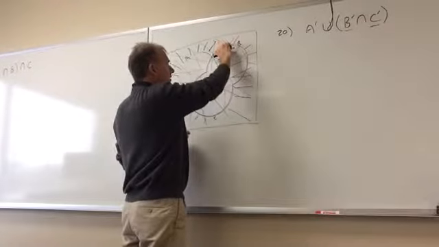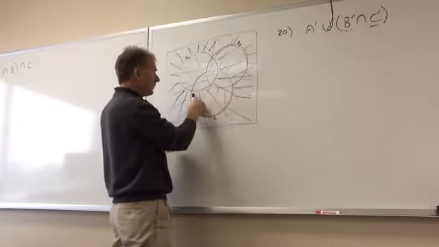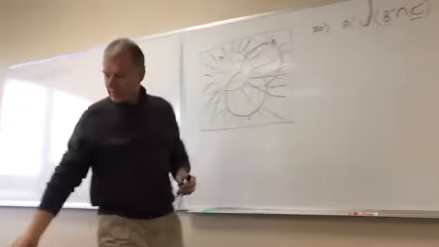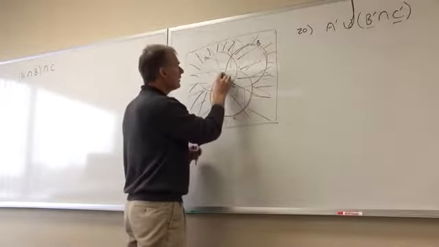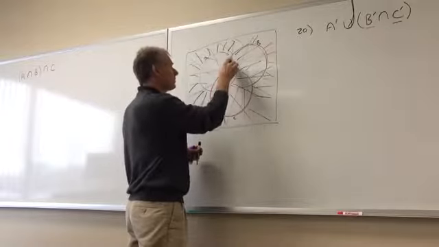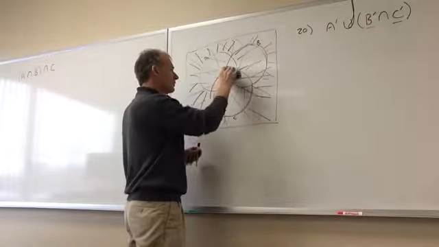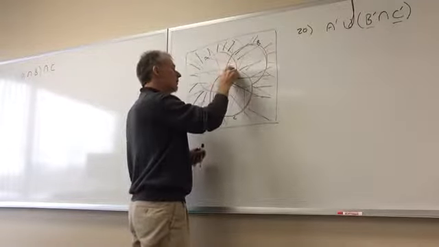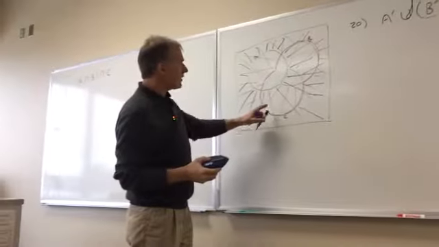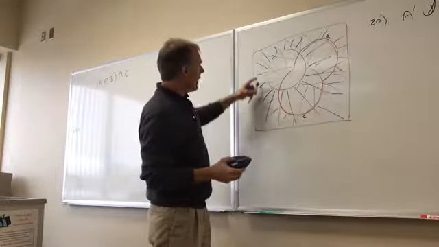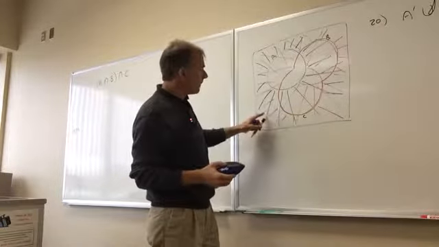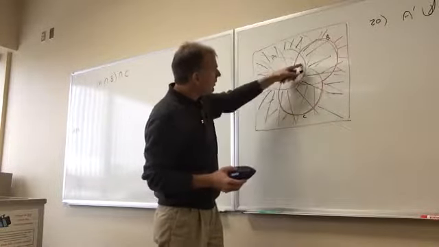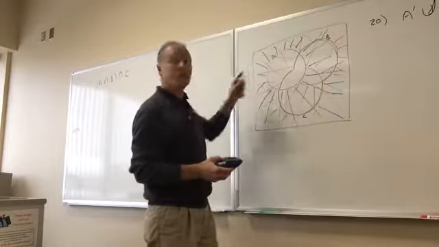So this here is all going to get added in. The part that doesn't count would be, I'll erase. So it's either got black hatching or it has red and blue hatching, right? Out here. So this is the only part that doesn't count. Everything else is part of this.